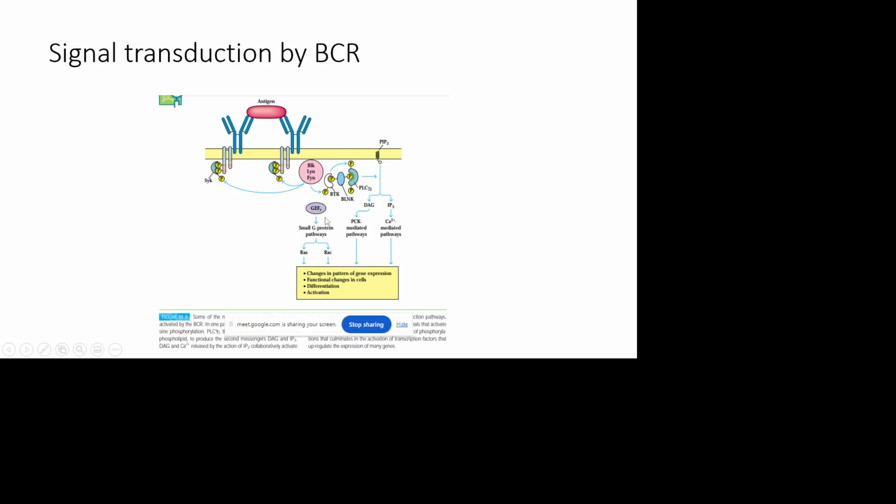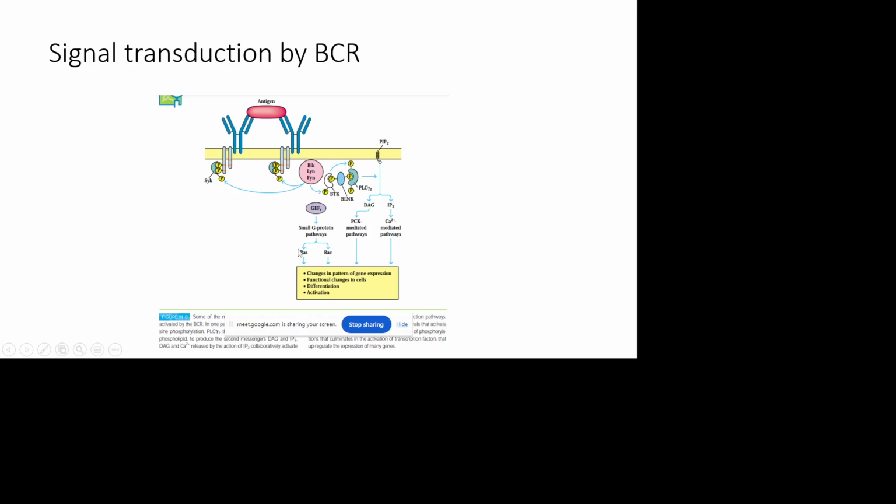This GEF will also be activated. This GEF will engage the small G protein pathways, which can be either the RAS pathway or the RAC pathway. RAS is a typical MAP kinase pathway.